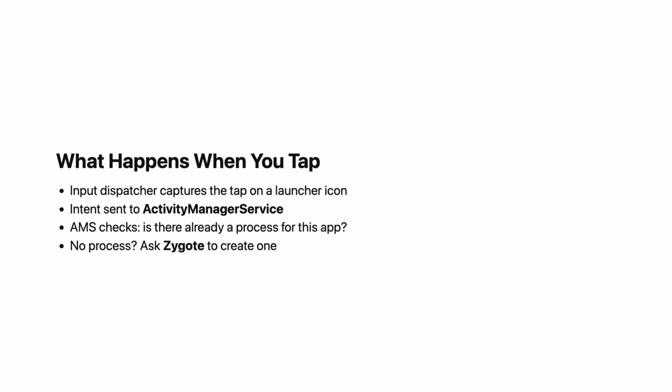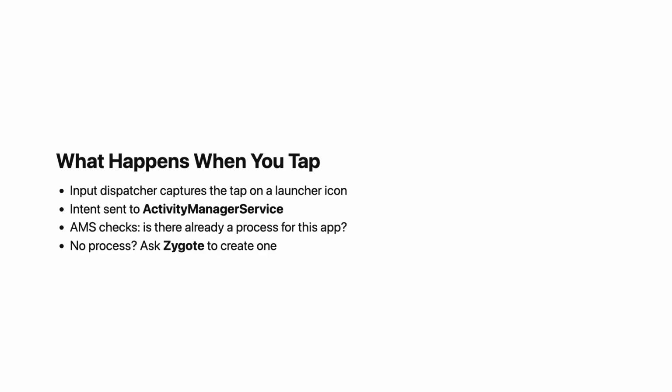And starting from scratch means we need a brand new Linux process. But Android does not create processes the way a normal Linux system would. It has a trick, a very clever trick, called Zygote. Zygote is a special process that starts when your phone boots up. Its entire job is to be ready to give birth to new app processes, and the reason it exists is performance.